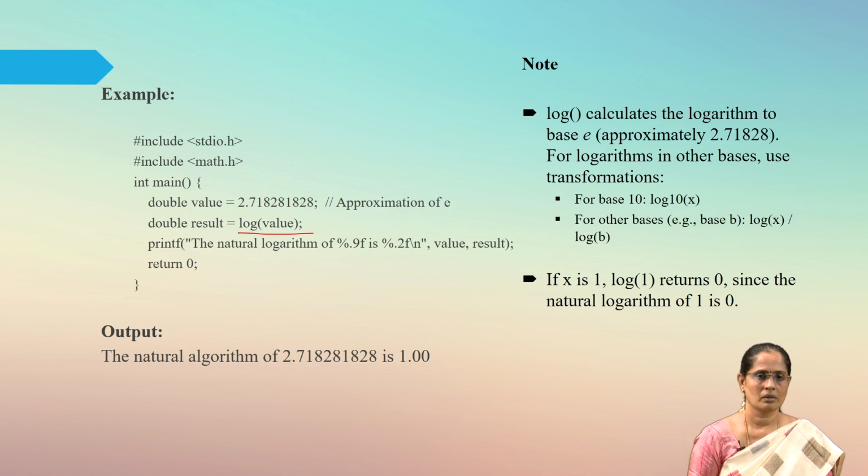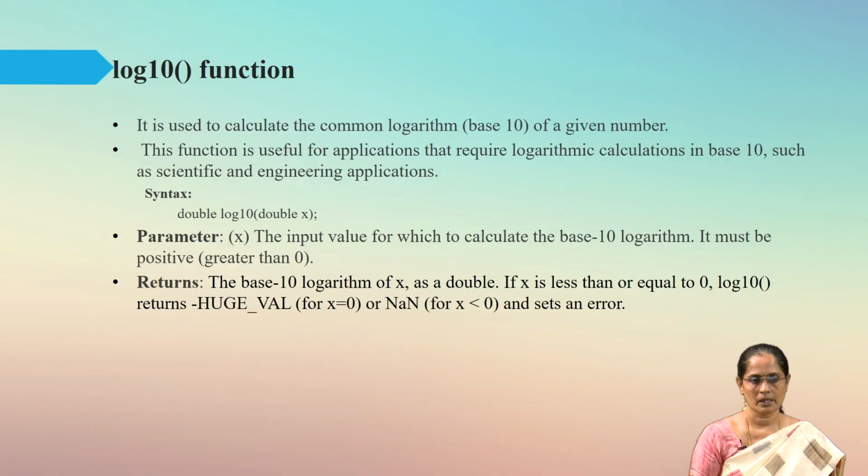Very simply we can make use of the log function, and whatever the larger input, you will be able to calculate the log value very easily. And the log10 function will help us calculate the logarithm base 10 value of a given number. The number should be a double type number.